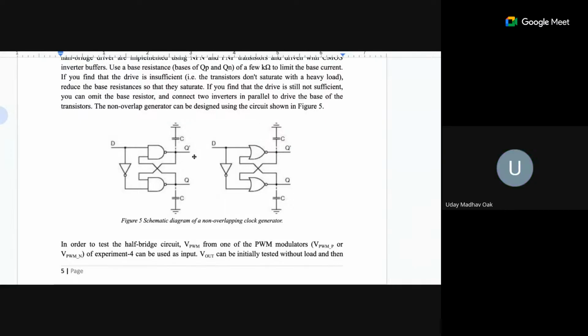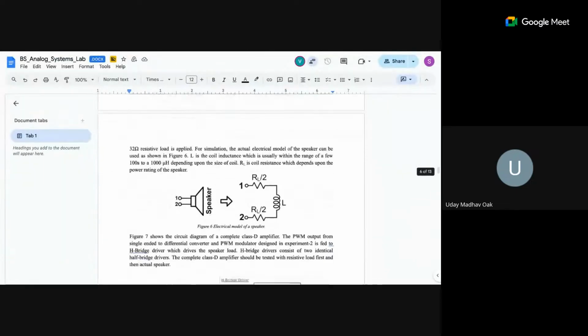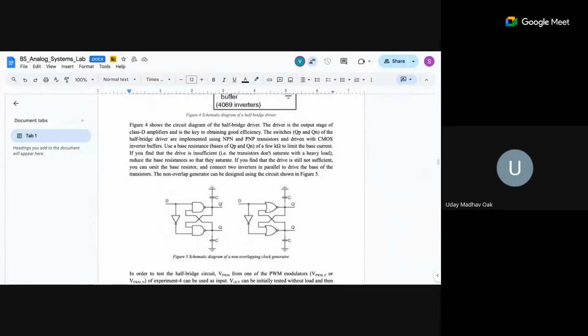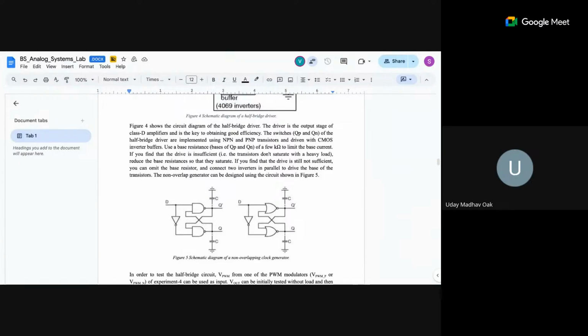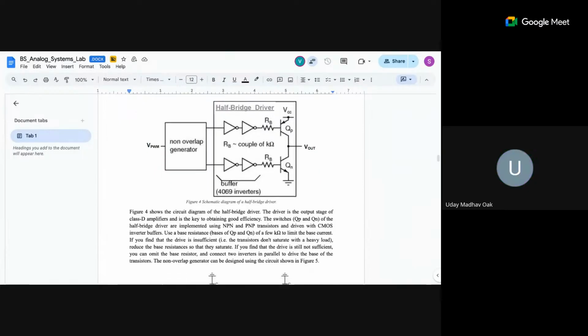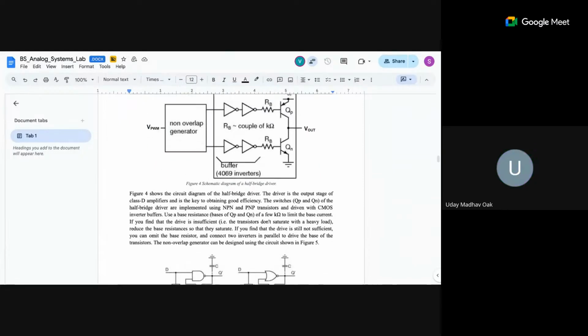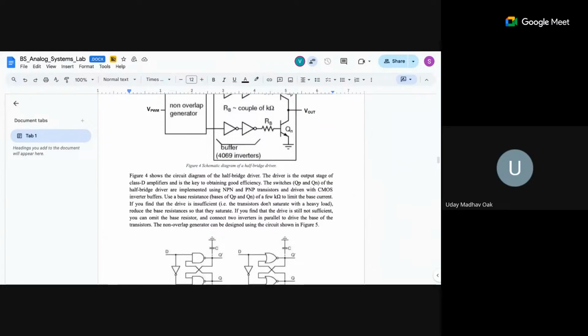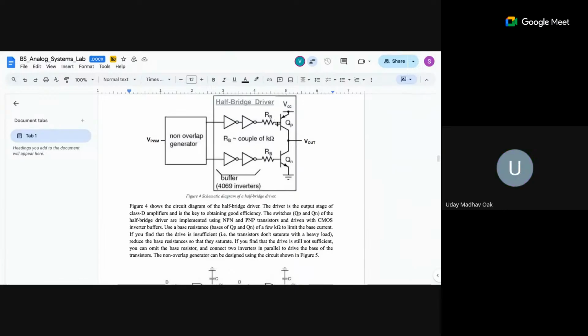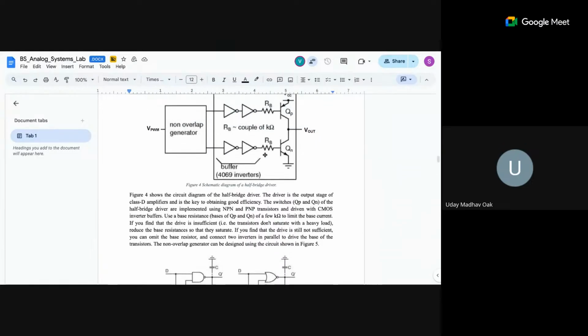Now, if these two outputs are connected to the two buffers in the page below, let's say the upper one I connect to Q and the lower one I connect to Q bar. What will happen is, because of the two inverters in series, when Q is low, QP will turn on, and when Q bar is high, QN will turn on.